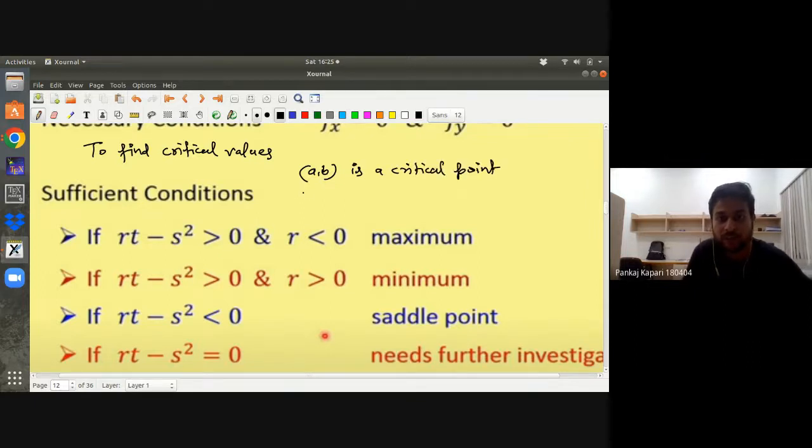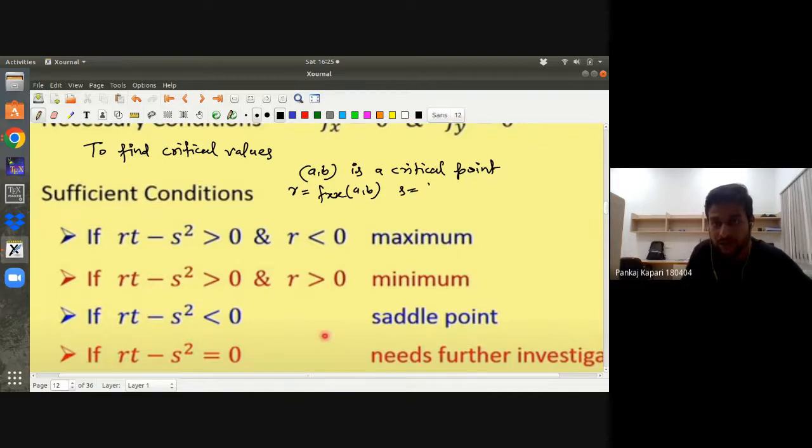Okay, if (a, b) is a critical point, then here R denotes the second partial derivative with respect to x at (a, b).